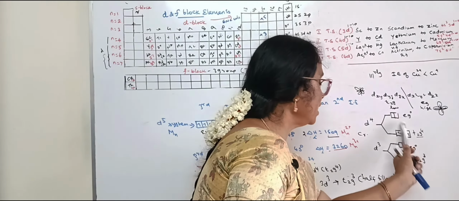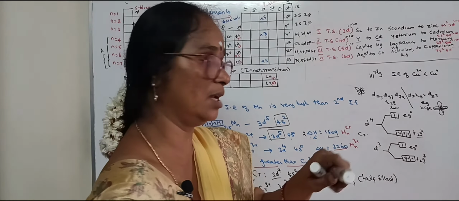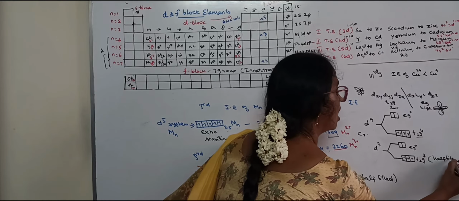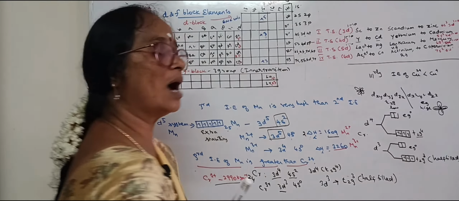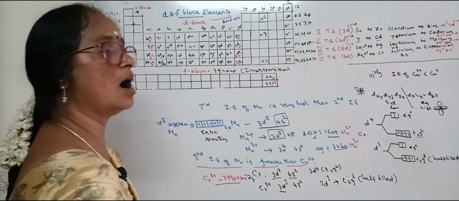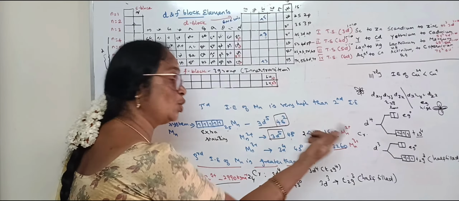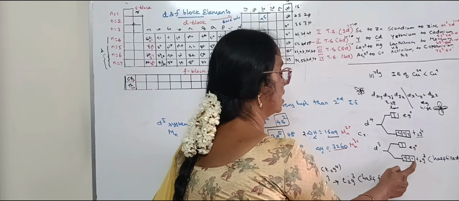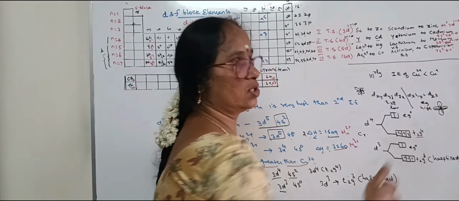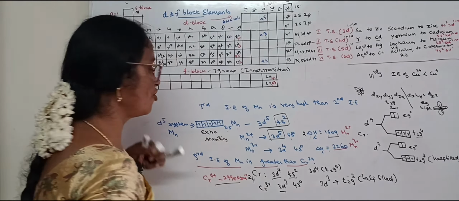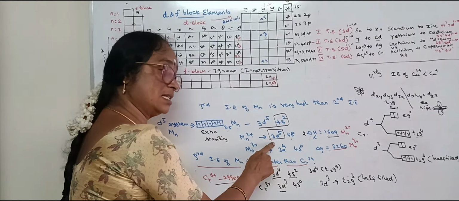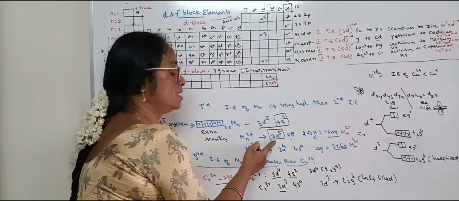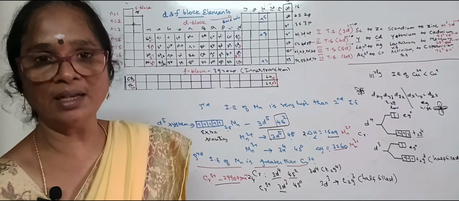Once the 4th electron of the T2g is removed, the T2g becomes a half filled set. So to attain extra stability, chromium from +2 to +3 is ready to lose the 4th electron. But in the case of manganese, it already has the stability, and when you remove an electron from the more stable configuration, it requires high energy.